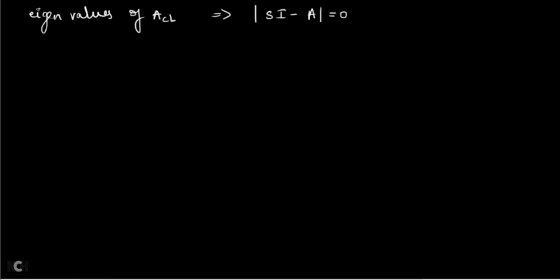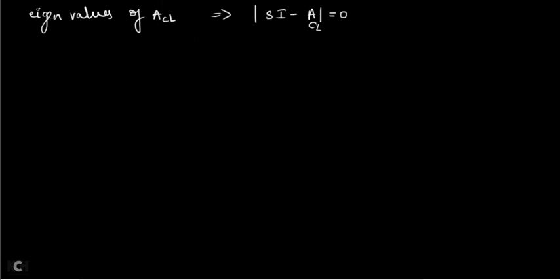Instead of lambda I have taken s, because eigenvalues are nothing but the poles, and that's why s is used for poles. So this is the eigenvalues of the A matrix, but I want eigenvalues of the ACL matrix, so you have to take the suffix ACL.